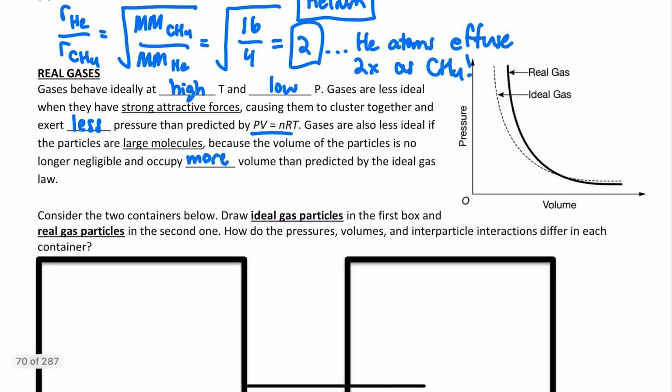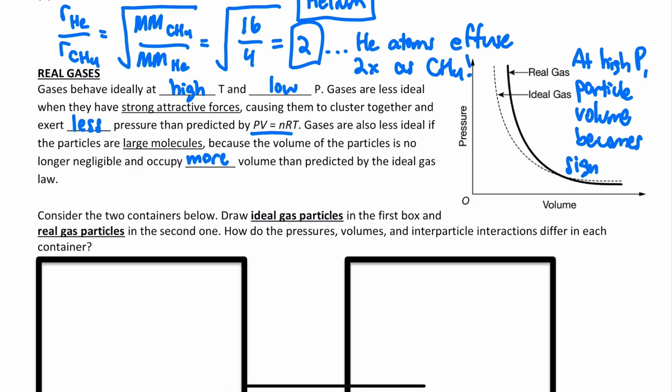And what I want you to make a note of is that at higher pressures, particle volume becomes significant. We think of gases as having infinitesimally small particle size. The molecules or the atoms themselves are negligible in terms of their own volume compared to what space they occupy.